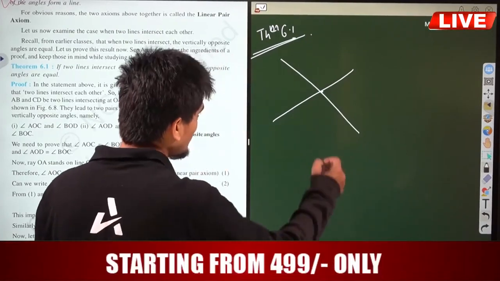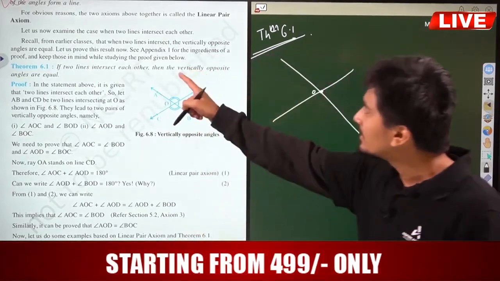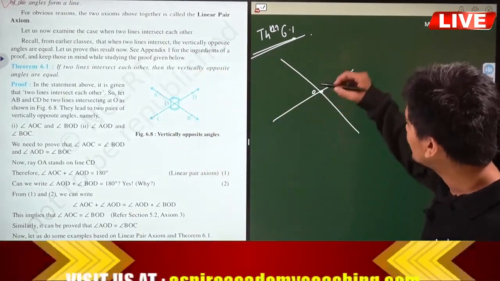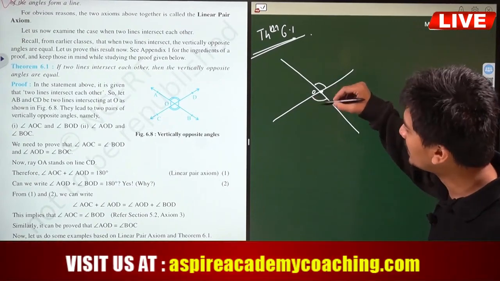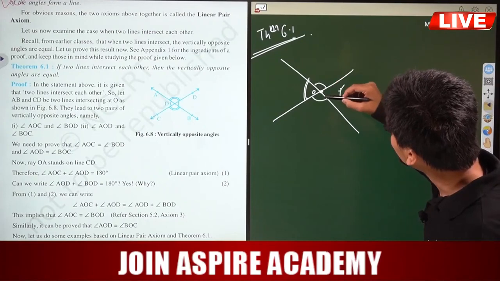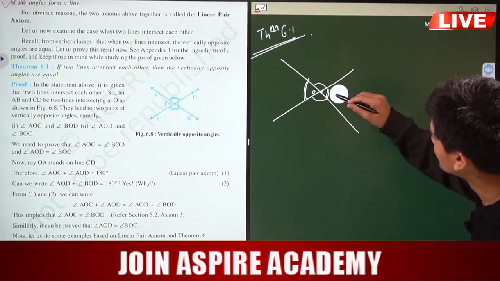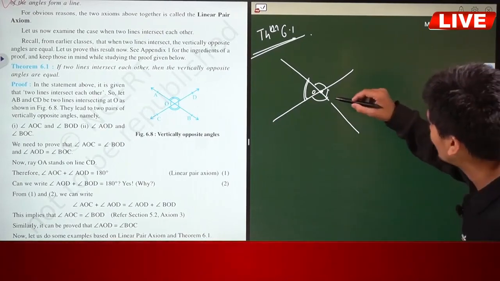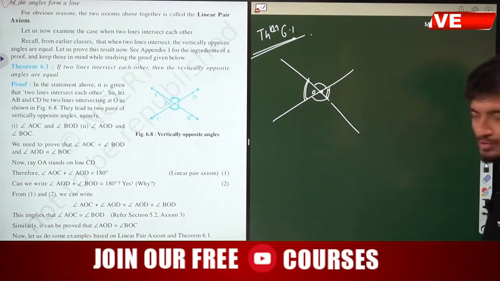If this is the angle, this should be the angle. So they are vertically opposite angles, these two and these two.